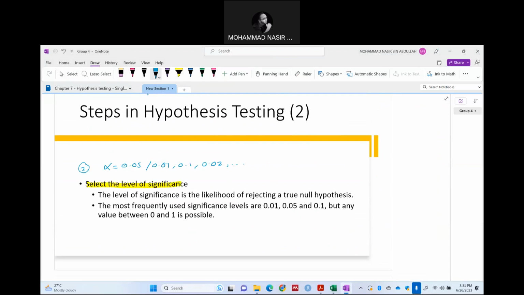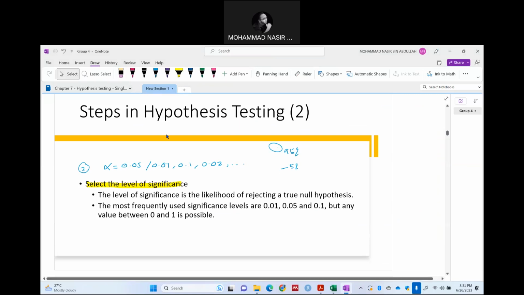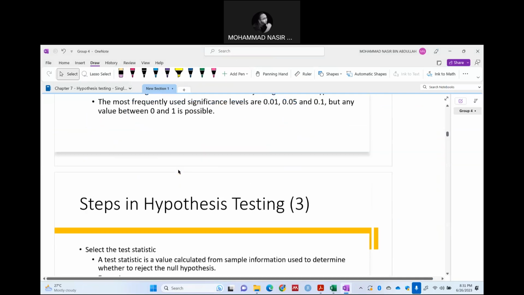It means that if we want to have 95% confidence that our statistical test is correct, then the balance is 5%. 5% is reserved for making a type 1 error, right? Making a wrong conclusion. Later we will look into what is type 1 error and type 2 error.